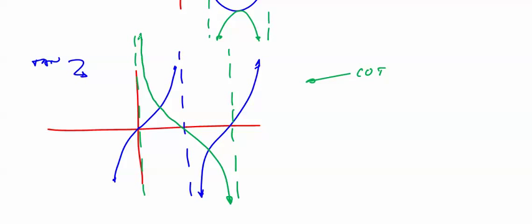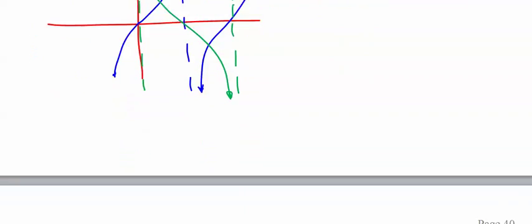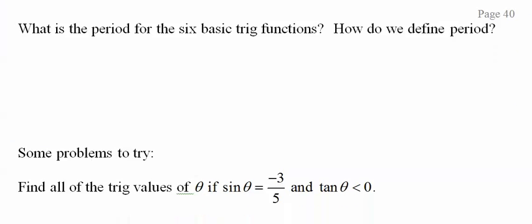Most important thing to remember about these is the periods, domains, ranges. So what's the period? Well, period is how long on the x-axis until it repeats.